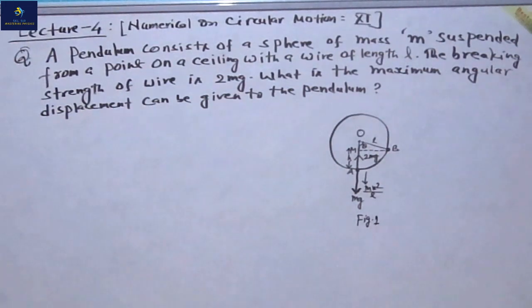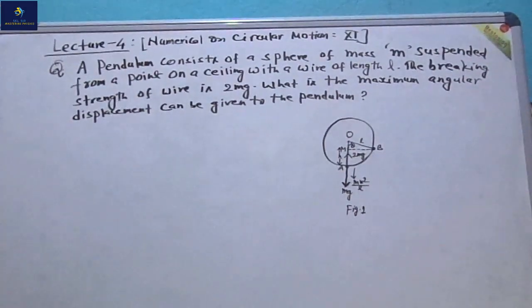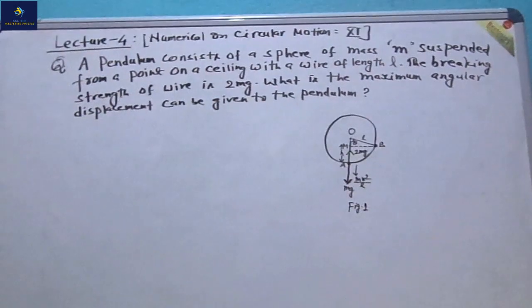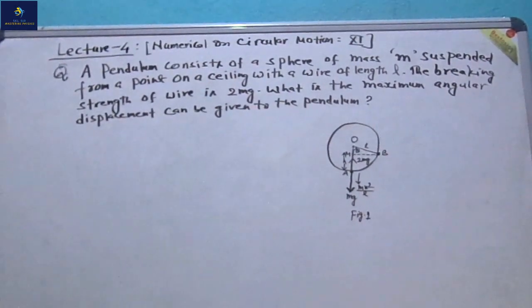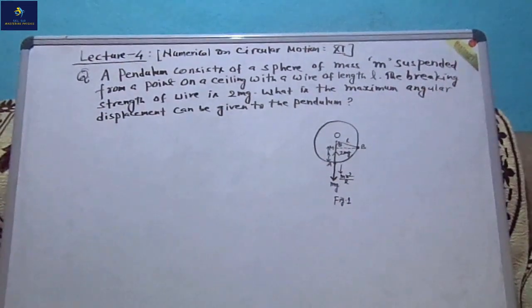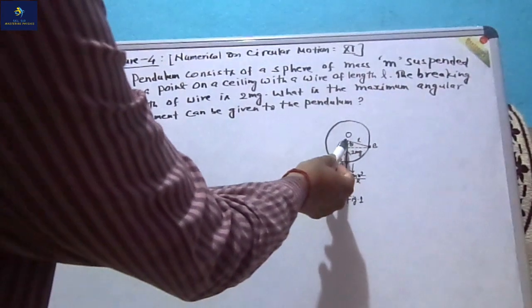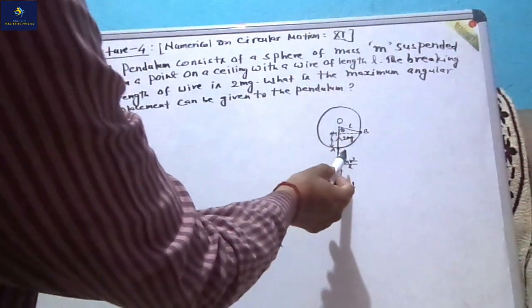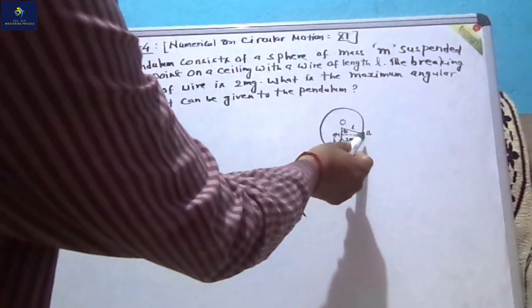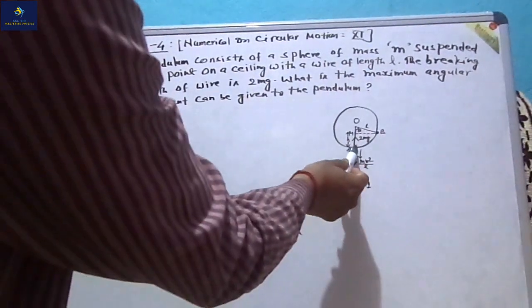Okay, the question is telling you this is a pendulum consisting of a sphere of mass m suspended from the point of a ceiling with a wire of length L. You are looking, OB is a wire of length L and is connected with the sphere.